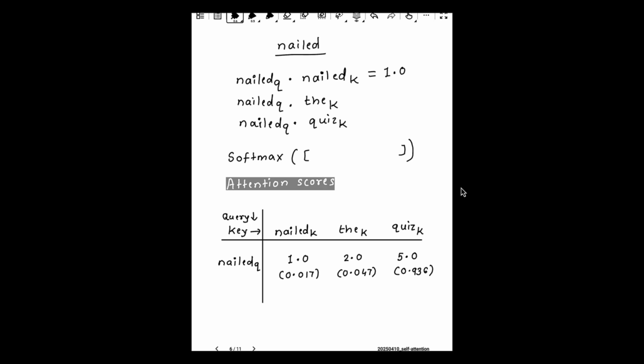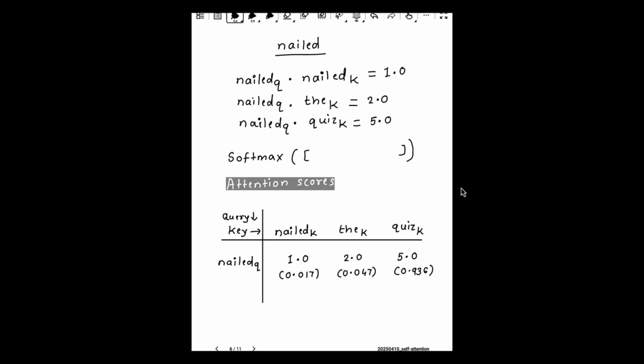My second dot product is nailed Q and the K. I'm assigning a score of 2 here. And my third dot product is nailed Q and quiz K. I'm assigning a high value here because the word quiz is going to be very useful to understand the meaning of nailed in this context.